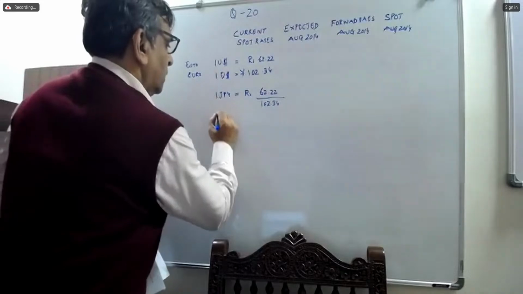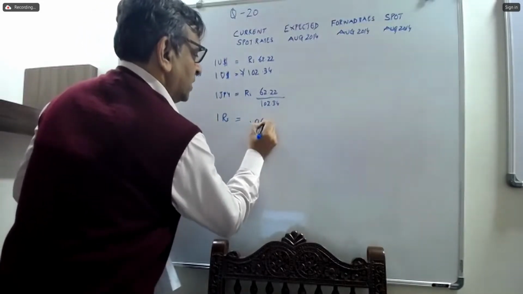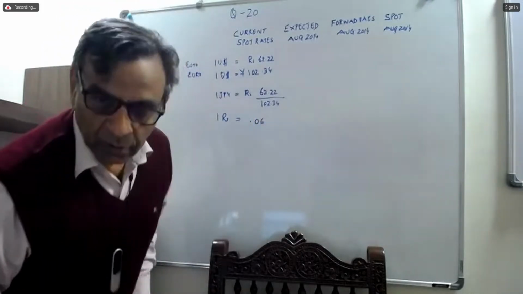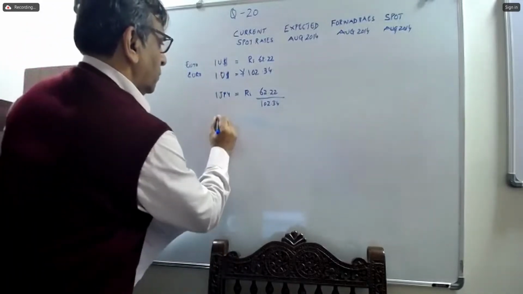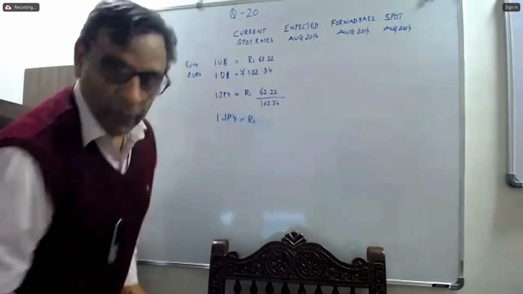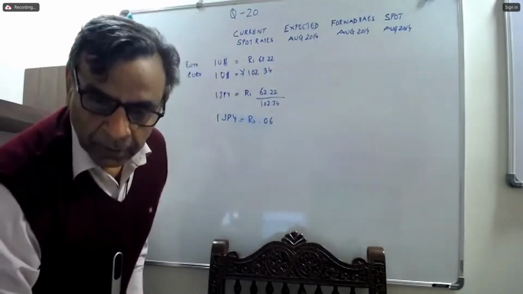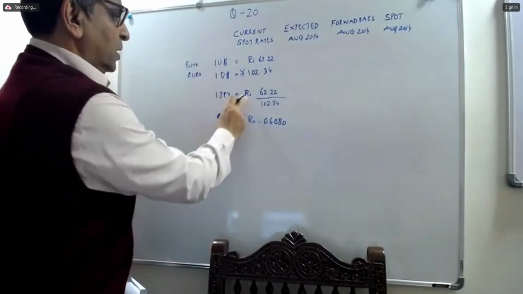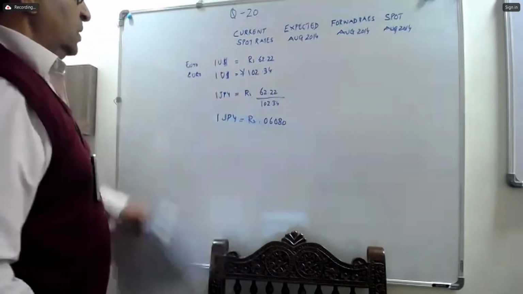I'm writing it wrong. So one Japanese yen is equal to rupees 0.6080. So this is the rupee value, but it is for one Japanese yen. So this is the first case.